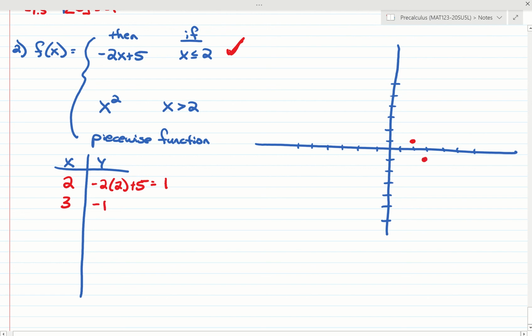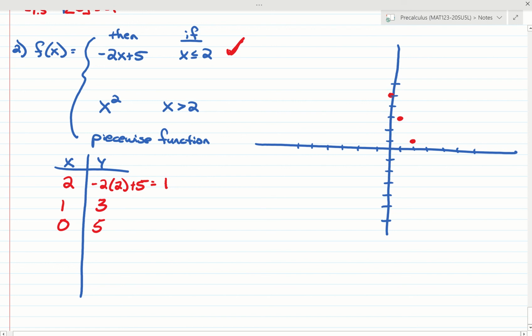Oh, actually, I'm sorry, we're going with values less than 2, right? My mistake. So less than 2, we could plug in 1, right? So if we plug in 1, negative 2 times 1 is negative 2, plus 5 is 3. We go 0, 0 plus 5 is 5.